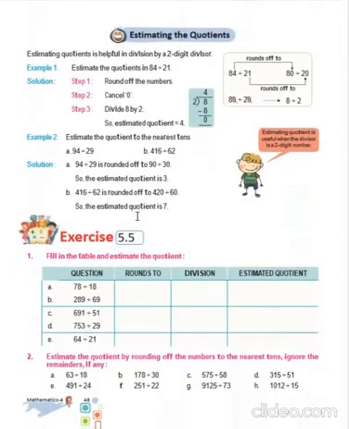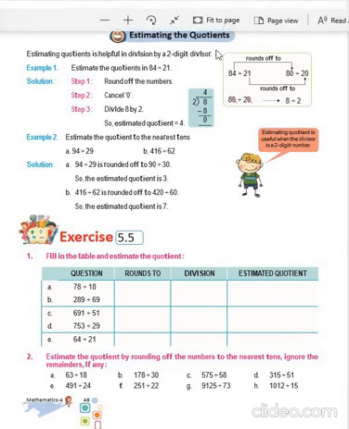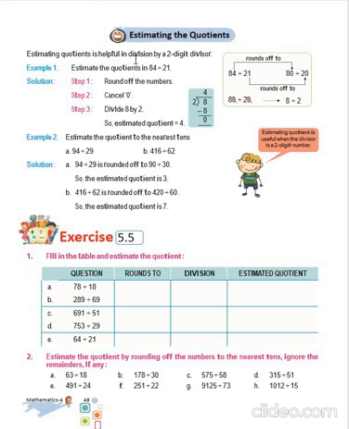Now let's learn estimating the quotients. Estimating quotients is helpful in division by a two-digit divisor. Suppose we have to estimate the quotient in 84 divided by 21. Then first we'll round off these two numbers. 84 will become 80, 21 will become 20.